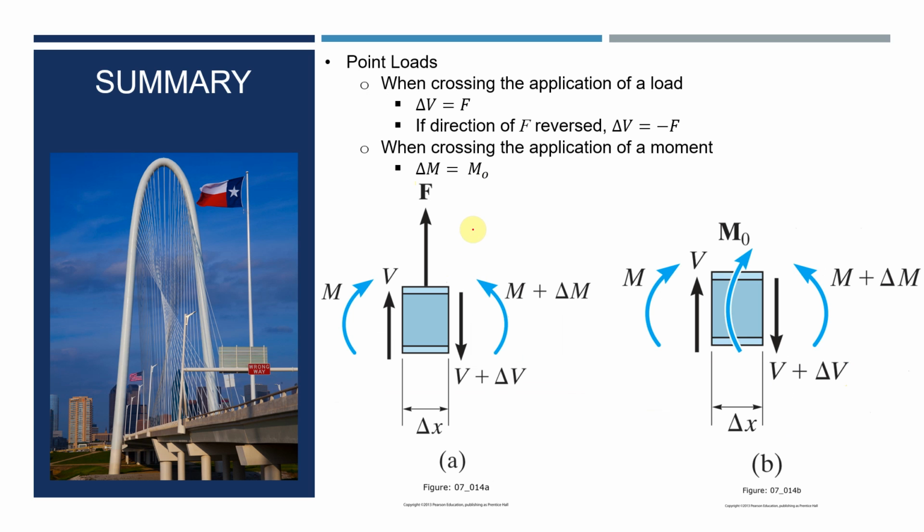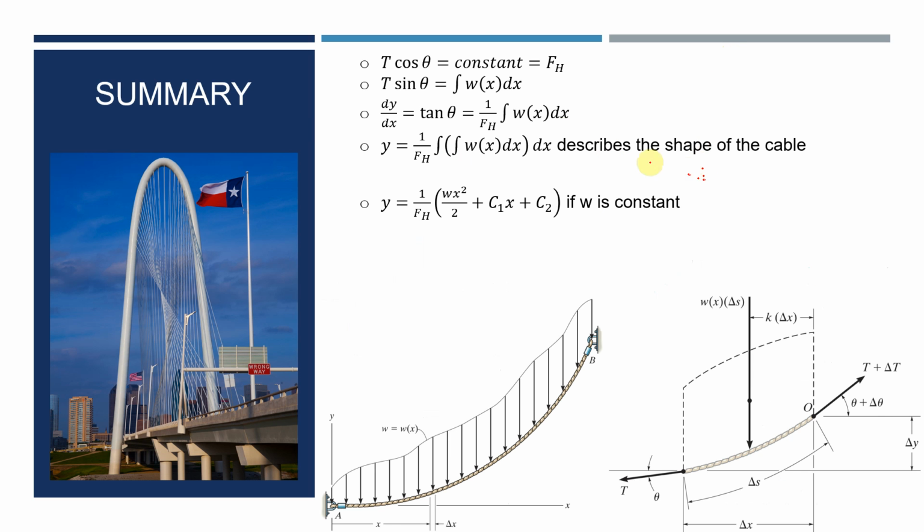Summary for point loads. The change in shear is F when you go through the point. And watch out for the reversal of direction if F is up versus down. The change in moment is M naught, as in figure B. These are the equations for cables under a constant load, where the load distribution is a function of x.